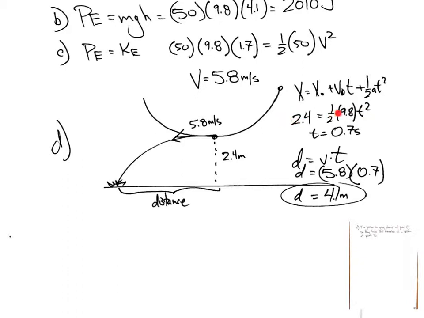Technically, we would have a negative and a negative here, but they cancel out, so whatever. Solving, we get t equals 0.7 seconds. So if you were to drop an object, it would take 0.7 seconds to fall 2.4 meters. Because horizontal velocity is constant in projectile motion, we just use distance equals velocity times time. So horizontal velocity times time in the air gives us a distance traveled of 4.1 meters.